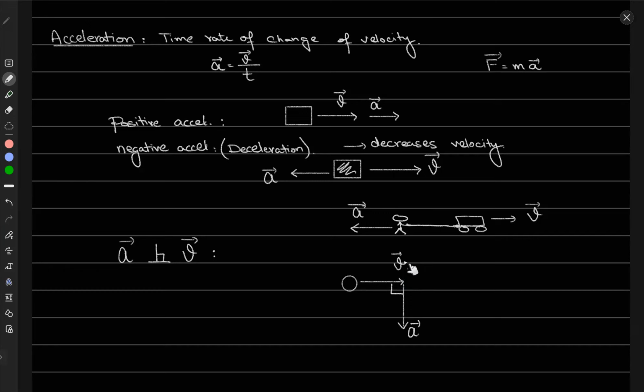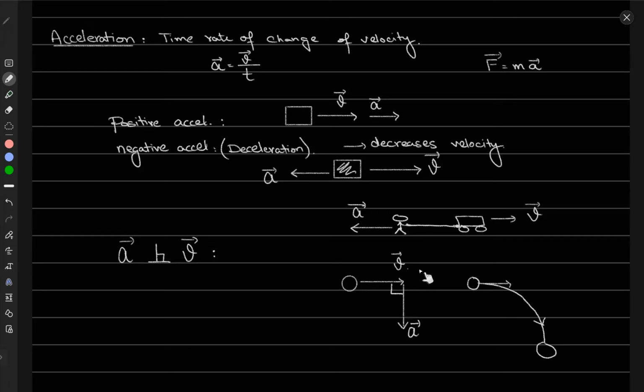If something was moving with 2 meters per second, it would still keep moving with 2 meters per second, but the acceleration vector would change the direction. Because this vector points in this way, it would try to change the direction of the ball in a curved path. So the ball, which was moving like this before, will start moving like this in a curved path because of this acceleration vector.